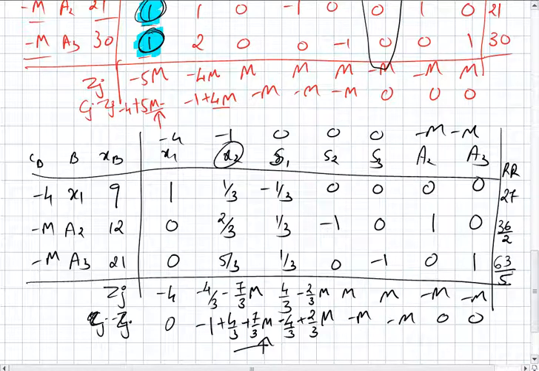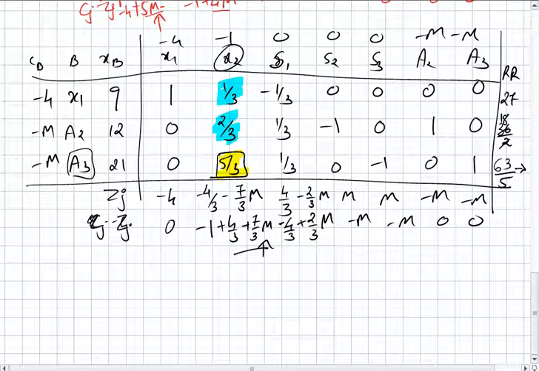So what is the minimum number? Here it will be 18 and here it will be less than 12, approximately 12. So this will leave the basis. So A3 will leave the basis. So this entry is a key element. So you have to make this entry 1 and this entry you have to make 0.